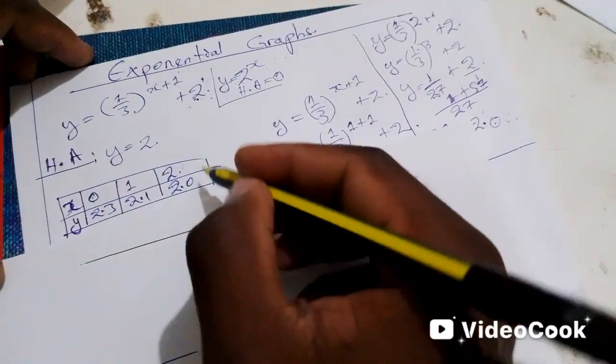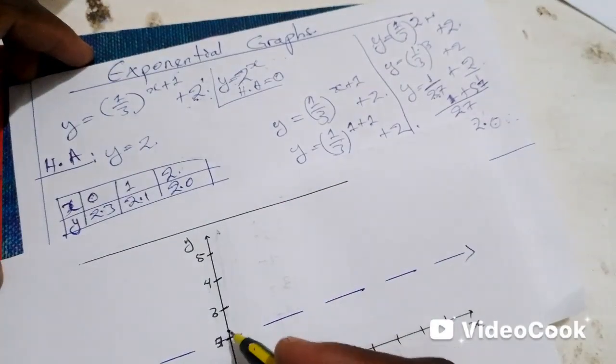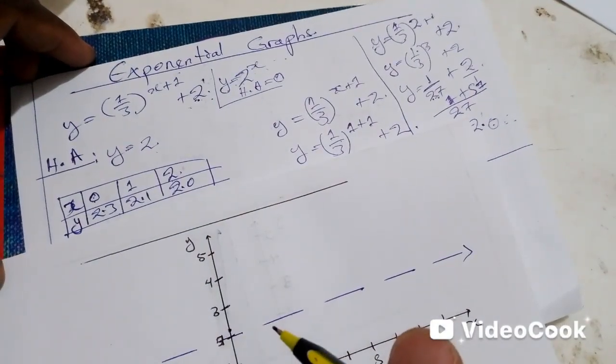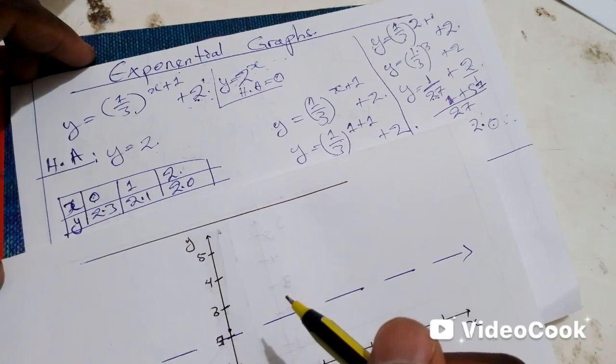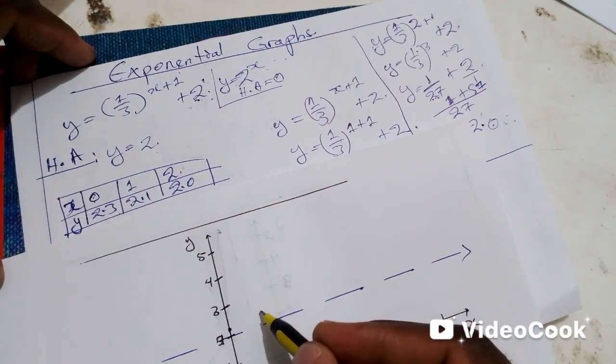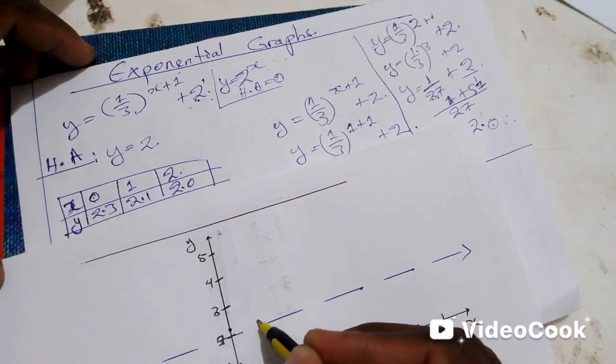So this one should not touch 2. That's why it's decreasing always, because it shouldn't touch 2. So it's somewhere here, and then we're having another number which is 2.1. So it's decreasing. It has become somewhere here.